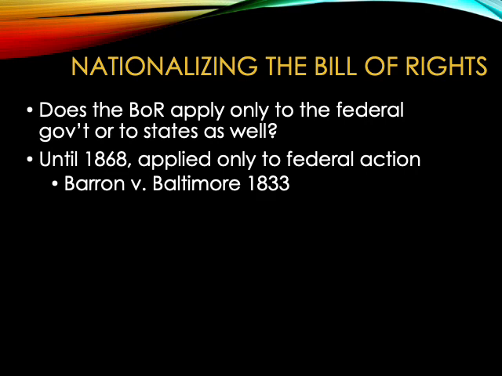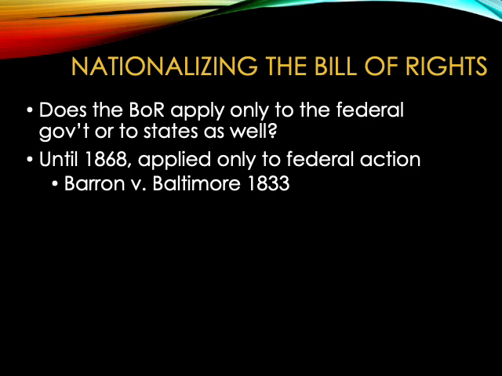And in Barron, they said, you know what? The Bill of Rights does not apply to the states. The Bill of Rights only applies to the actions of the federal government. If states want to have their own Bill of Rights, go for it. But the Bill of Rights that's in the U.S. Constitution only applies to the actions of the federal government.